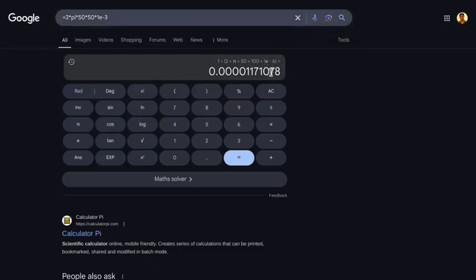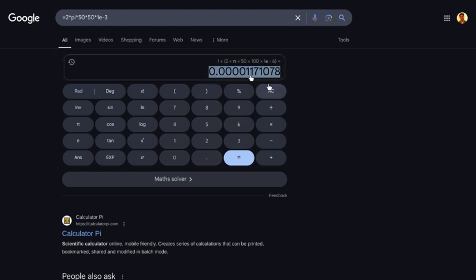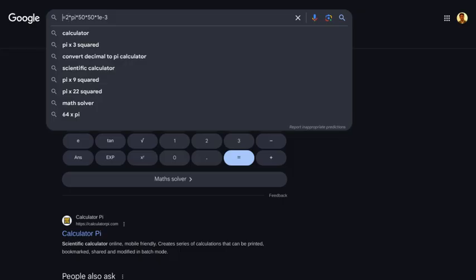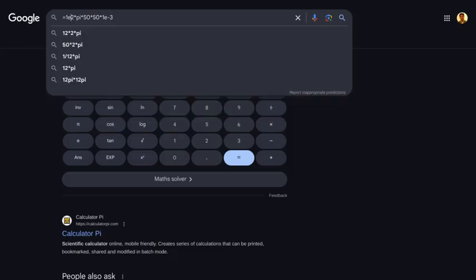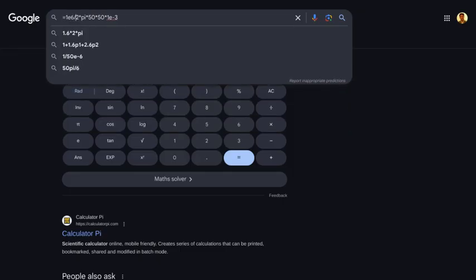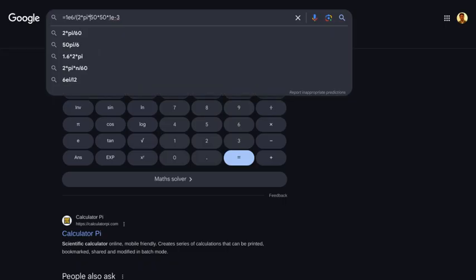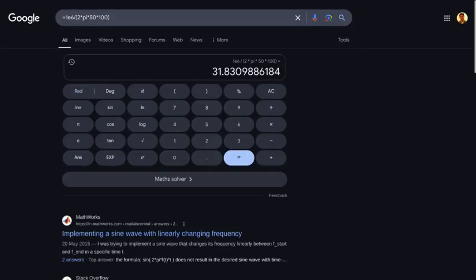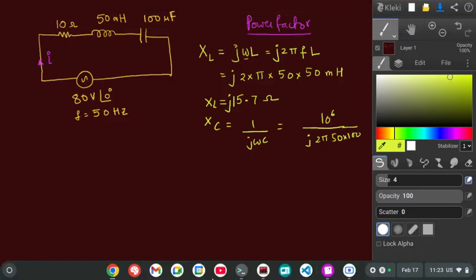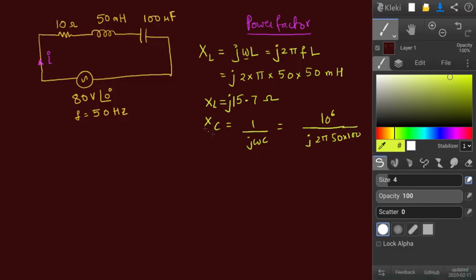Let me calculate again: 1e6 divided by 2 pi f into C. Okay, 31.83. The j in the denominator goes to the numerator, and it becomes minus j.